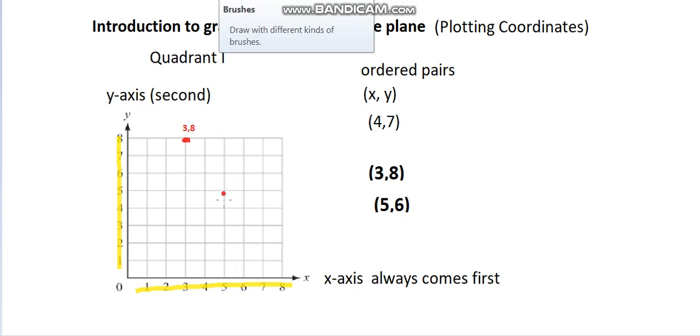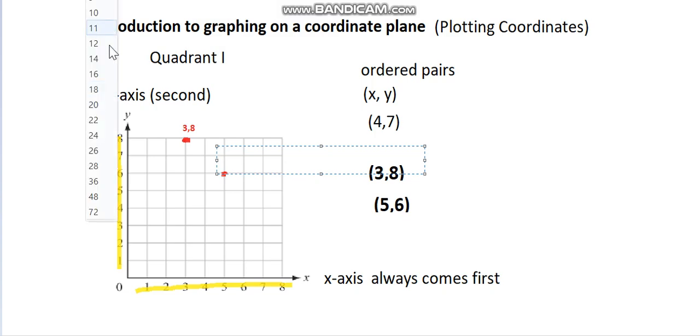But now I have to go over to my y-axis and find where 5 and 6 meet. Here it is. I'm going to plot my point, but I'm going to take a second and double check. 5 on my x-axis, that's correct. 6 on my y-axis, that's correct. Great. Excellent.